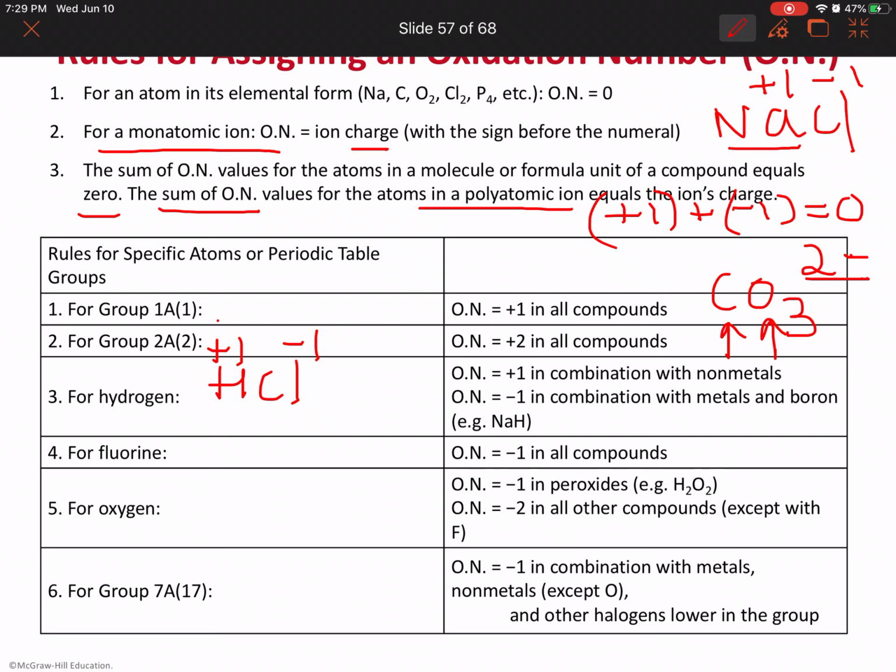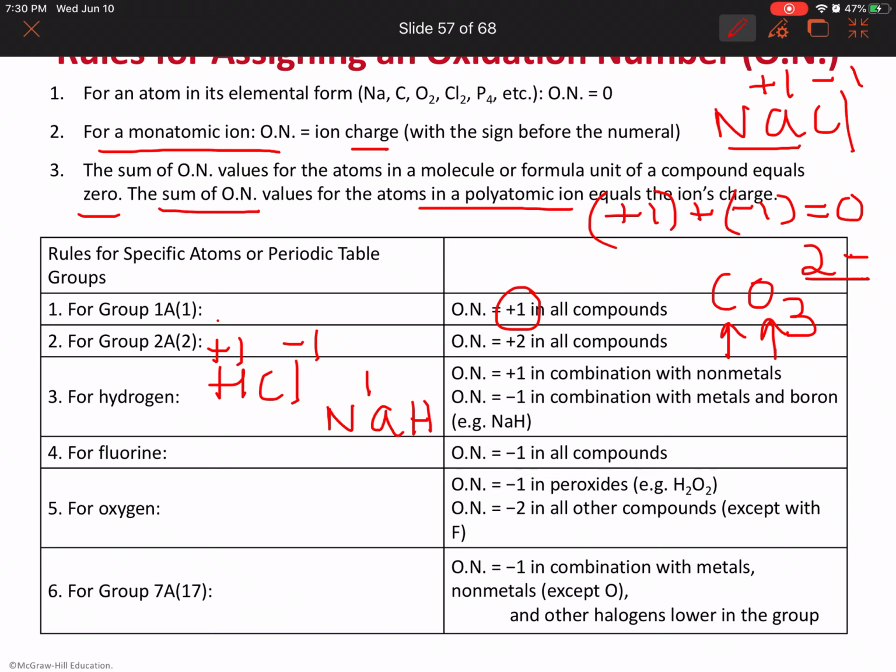And then the oxidation number would be -1 in combination with metals and boron compounds. So sodium hydride, NaH, is hydrogen combined with a metal. Sodium in group 1 is going to be +1 in all compounds.